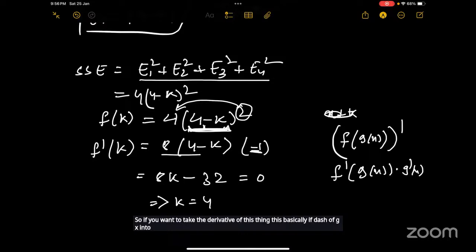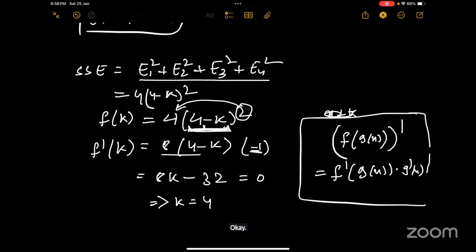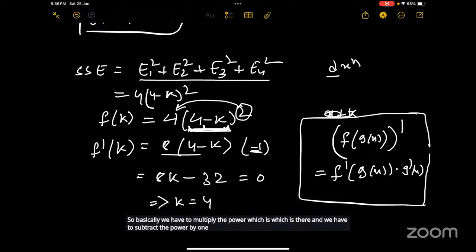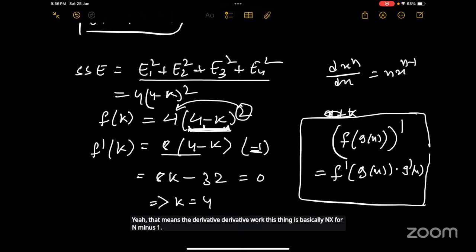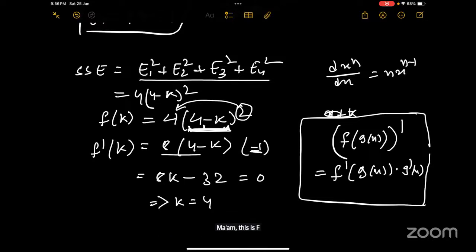This is the chain rule. We multiply the power which is there and subtract 1 from the power. The derivative of this is basically n x power n minus 1.